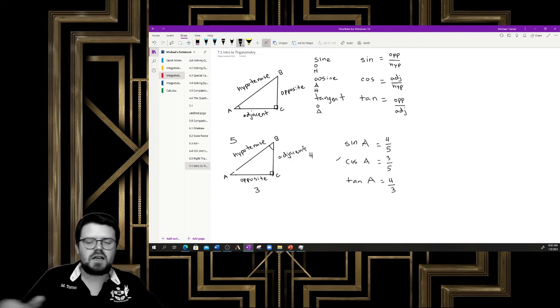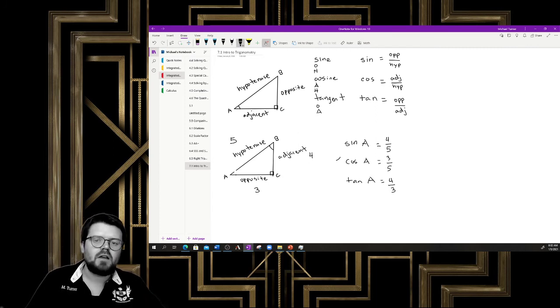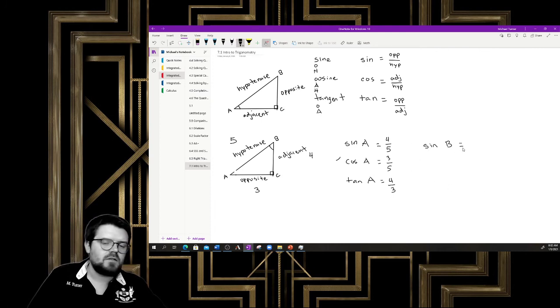So hypotenuse will stay the same, but opposite and adjacent will change based on which angle you're looking at. So for angle B, sine of angle B now, same ratio, opposite over hypotenuse, but because opposite and adjacent have switched places now, 3 would be opposite and 5 would be the hypotenuse, so this would be 3 over 5.